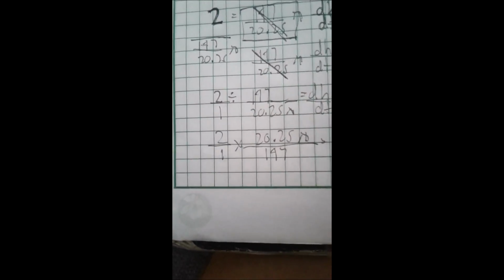So cancel, and the next part would be to reciprocate it and multiply it. So 2 over 1 divided by 147 over 20.25 pi equals dh over dt. Reciprocate it, multiply 2 over 1 times 20.25 pi over 147.